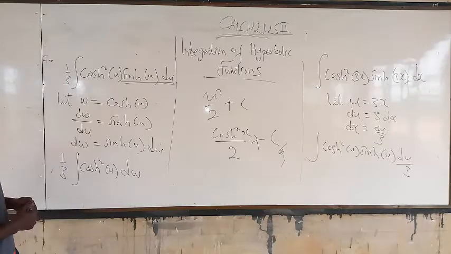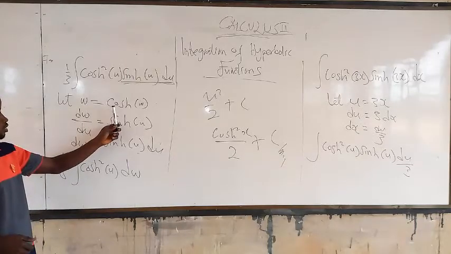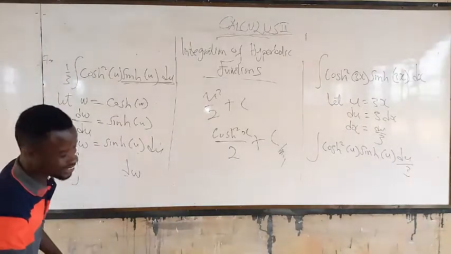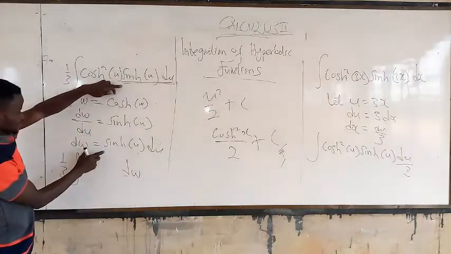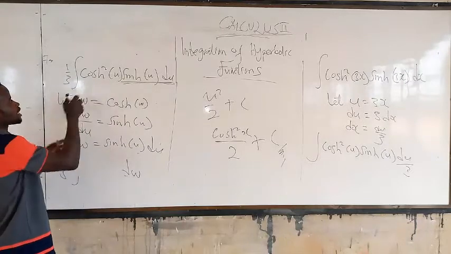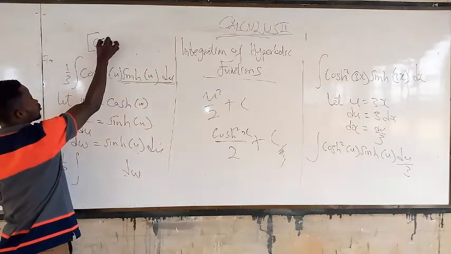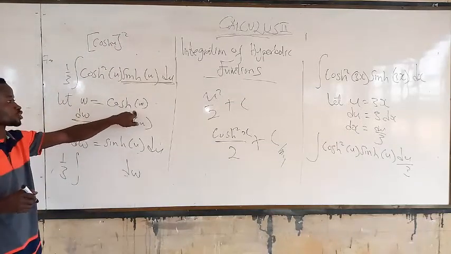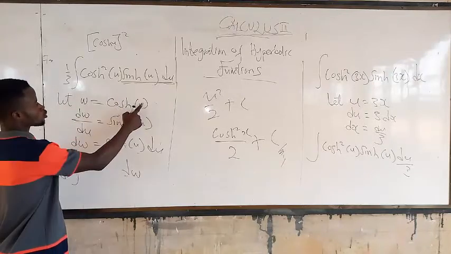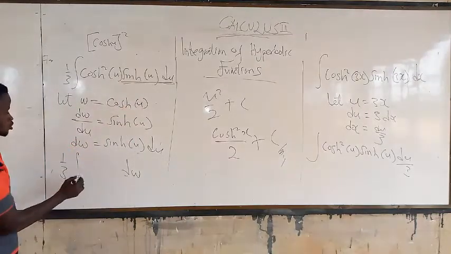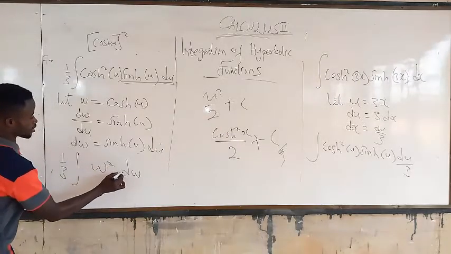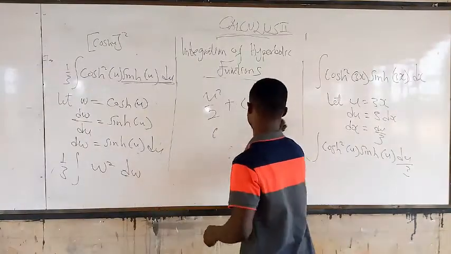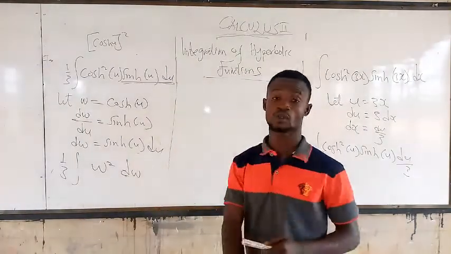We know that w is cos u, and cos squared u is the same as w squared. Very good. At times, you also know what you're doing.